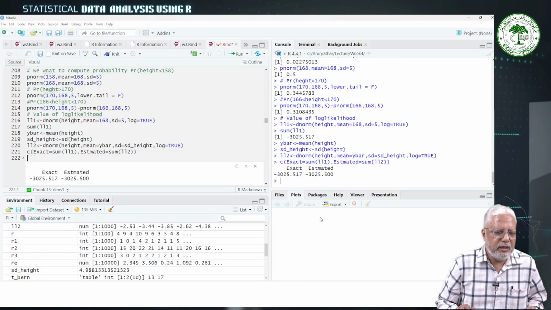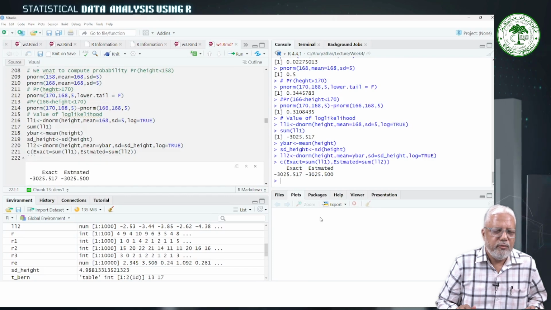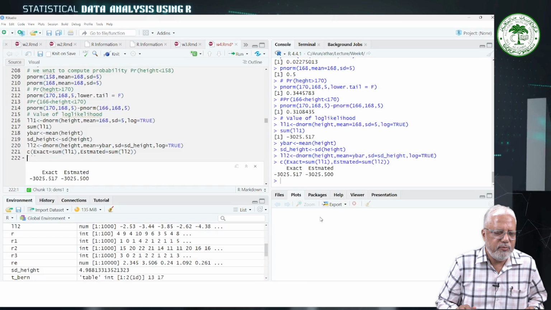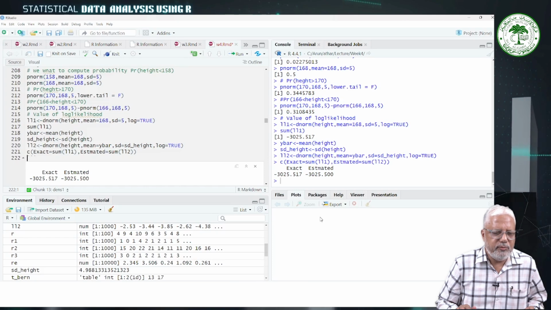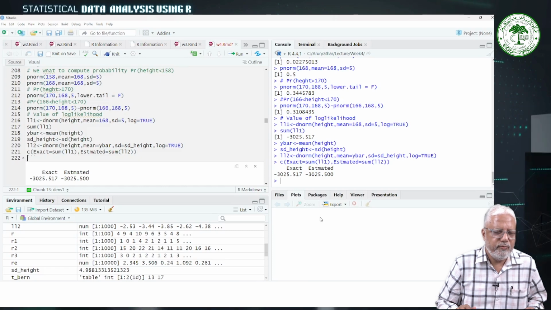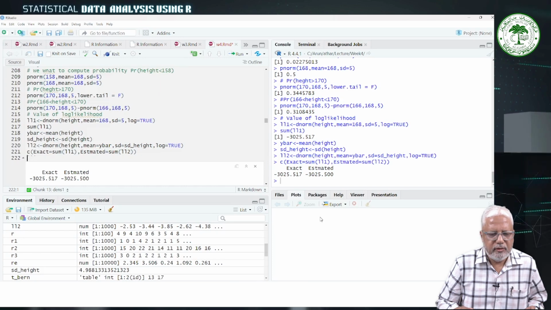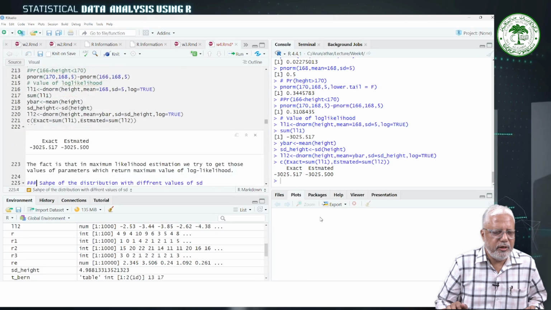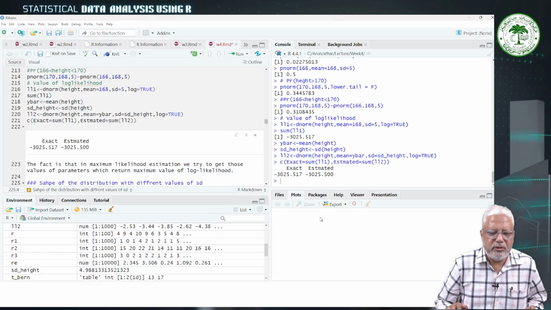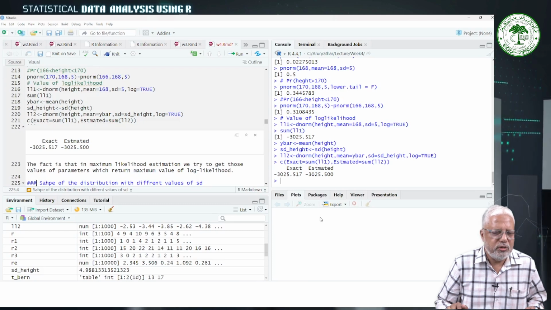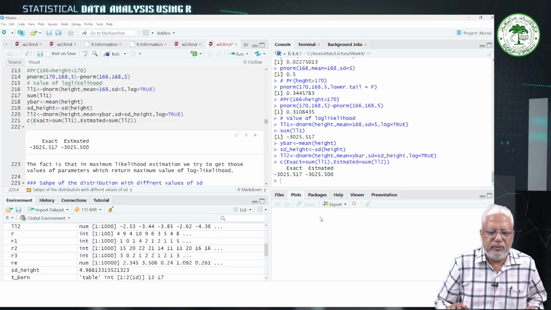The exact likelihood, at mean 168 and SD 5, is minus 3025.517, and the estimated is minus 3025.50. So these were the features which we were talking about. The fact is that in maximum likelihood estimation, we try to get those values of the parameters which return the maximum value of the log likelihood.